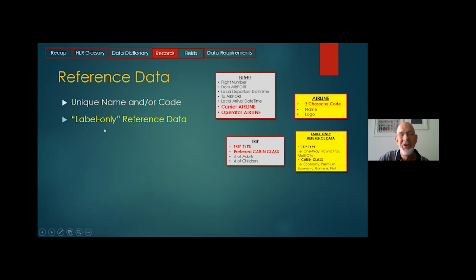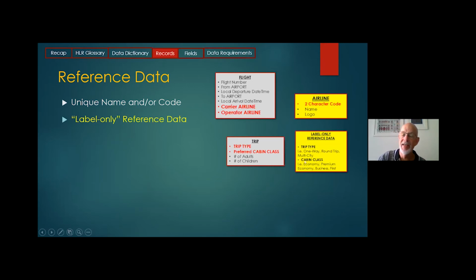There's another kind of thing that doesn't look necessarily like a record. There are things in our information system that are label only. So an example, in our trip, we have trip type and a preferred cabin class. So what are these? Well, we actually have in our system label only reference data. So trip type, we have one-way trips, round trips, and multi-city trips.